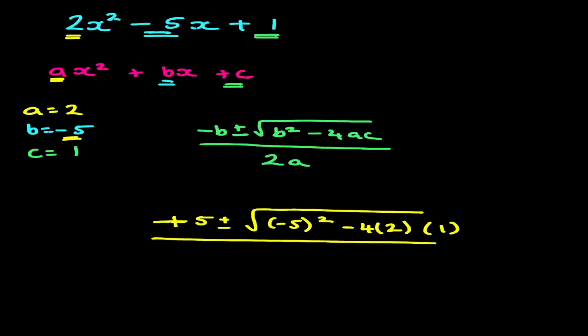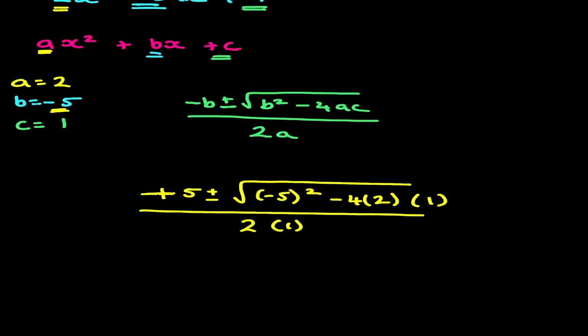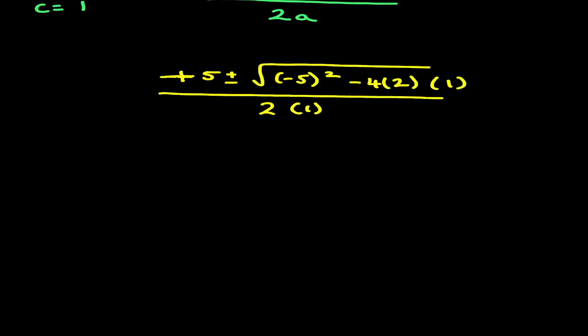all over 2a. Okay, then what you do is you actually work out what's under this square root first. Okay, so let's do that. So we've still got the positive 5 outside the square root, so we could just write that as 5 plus or minus square root of negative 5 squared is 25.